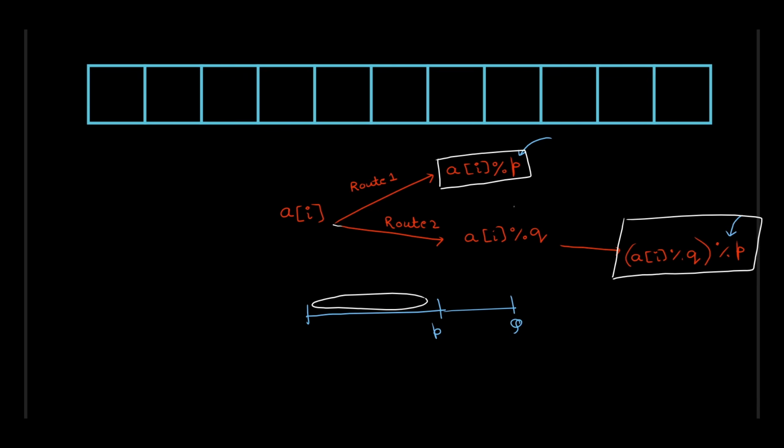But you have to be careful that if you apply modulo P first and then you apply modulo Q, then that is a no-op, as we discussed over here. So if you really want to go route 2, then you have to make sure at all cost that the first operation that you apply is modulo Q. Otherwise, if you accidentally apply modulo P, then you are done. You cannot decrease it any further.